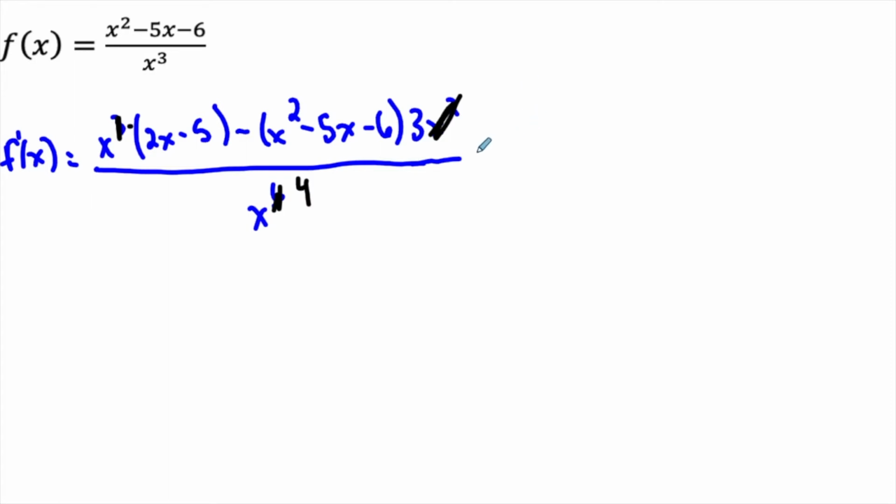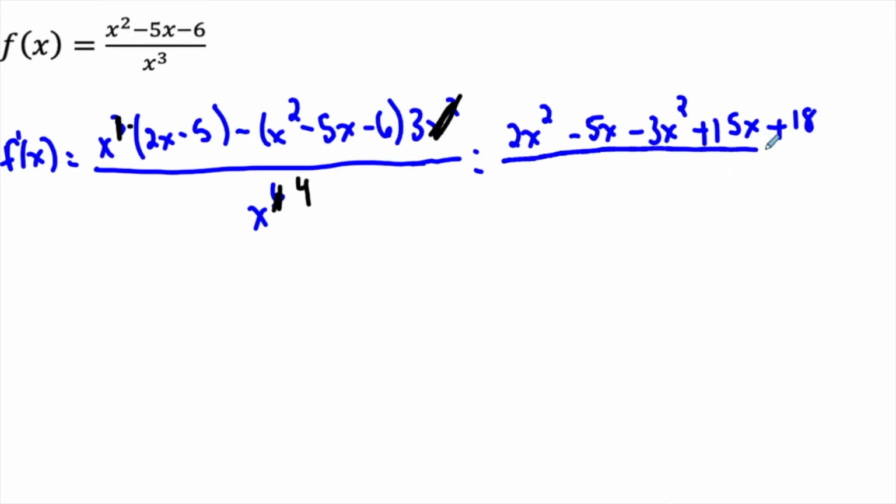It makes the math a lot easier in the middle here. Multiply this out. So we get 2x squared minus 5x minus 3x squared plus 15x plus 18, and again our denominator is x to the 4th.